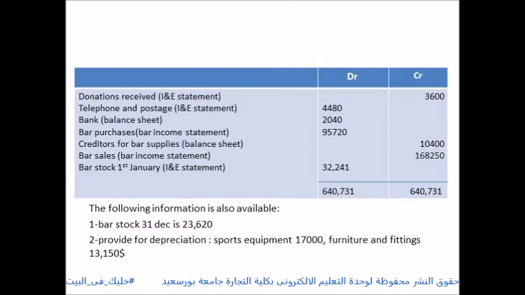Number 1, bar stock at 31 December is 23,620. Number 2, provide for depreciation. He gave me also the depreciation for the sports equipment, 17,000, and furniture and fittings, 13,150.